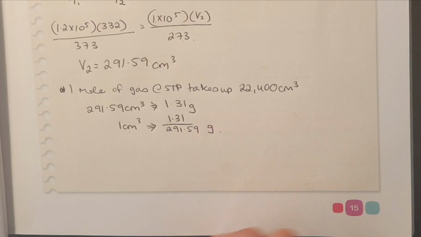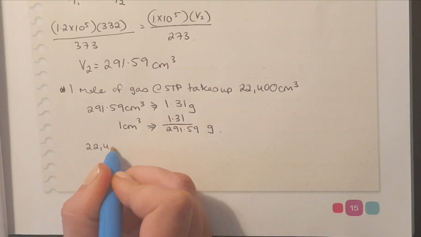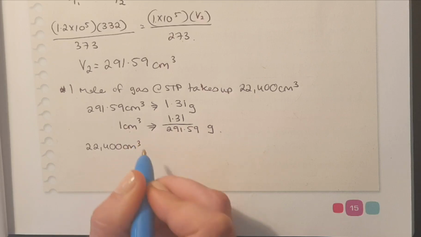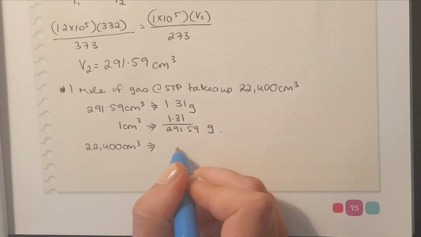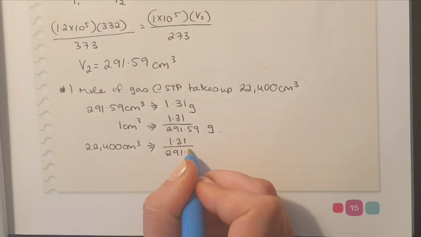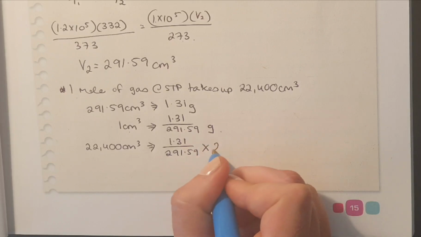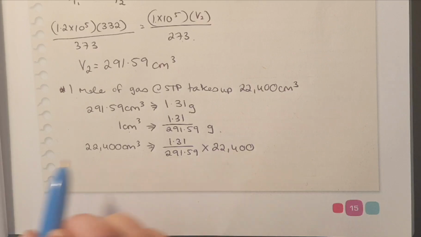So you can see it's smaller, much smaller. Now I'm going to build it up to the 22,400 centimeters cubed, which would give me what 1 mole would weigh. So that becomes 1.31 times 22,400, because I've multiplied both sides by 22,400.